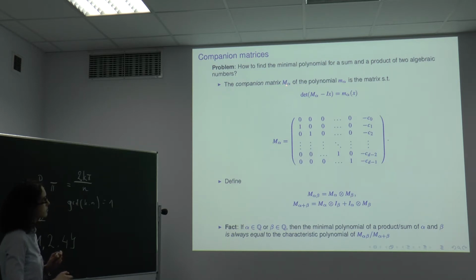Companion matrix is the matrix having the characteristic polynomial equal to the polynomial MA. And the canonical form of such a companion matrix is written here. So if you compute its characteristic polynomial, it turned out to be exactly equal to this minimal polynomial.